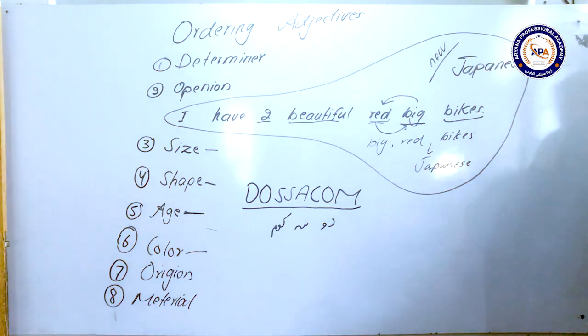I have beautiful two big and red bikes. Incorrect. A determiner must be used before the adjective of opinion. It is like interrogative determiners, possessive determiners, all of them. Yes, all of them must be used first.